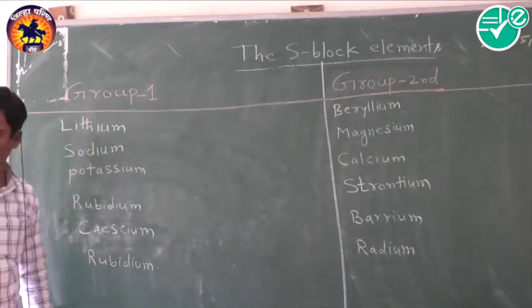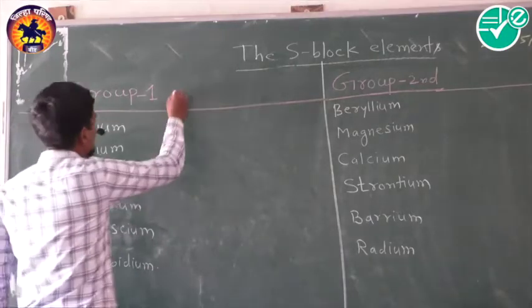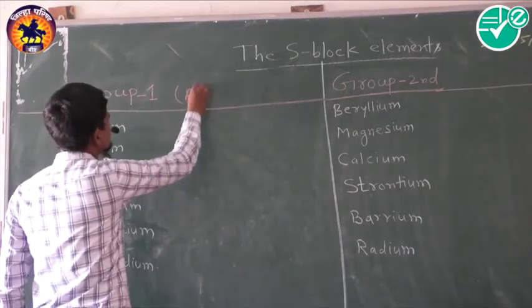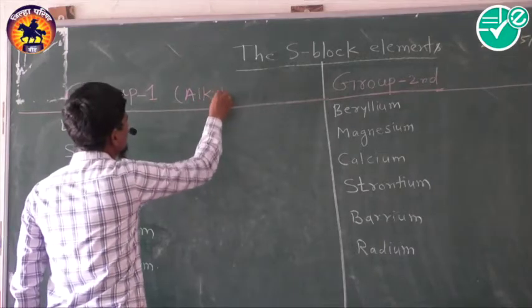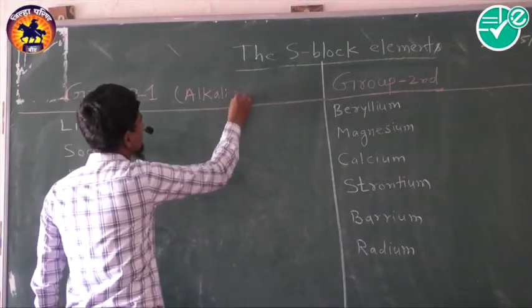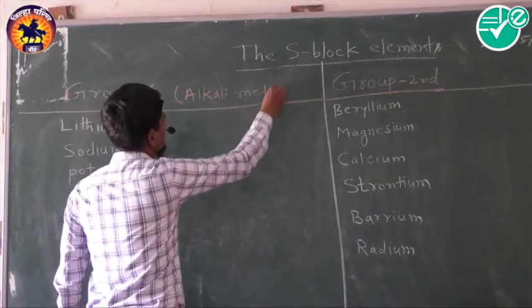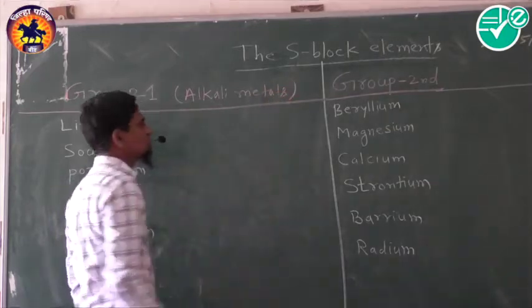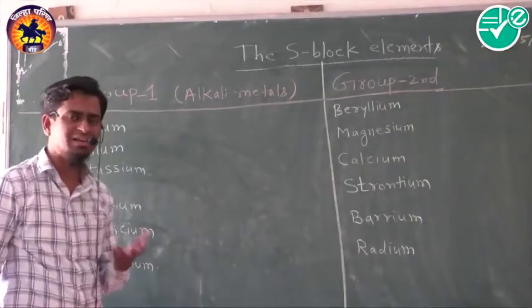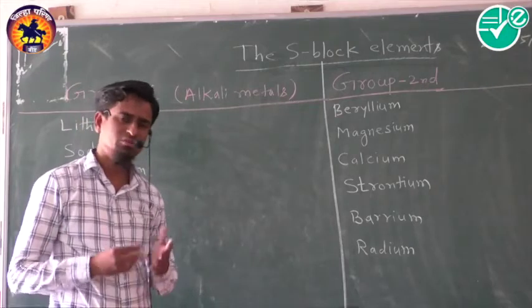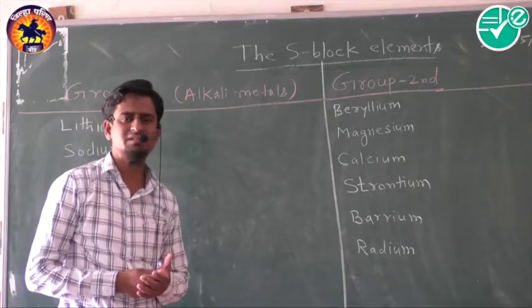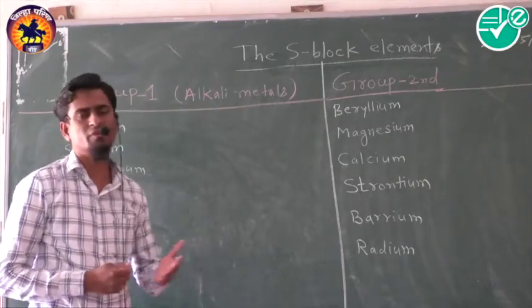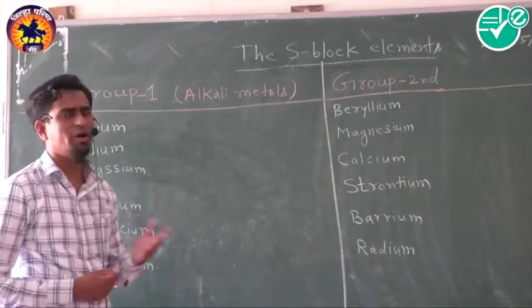The first group elements are called alkali metals. Why are these group 1 elements called alkali metals? As you already studied in 11th class, I am going to remind you.